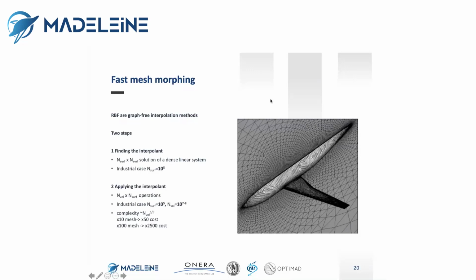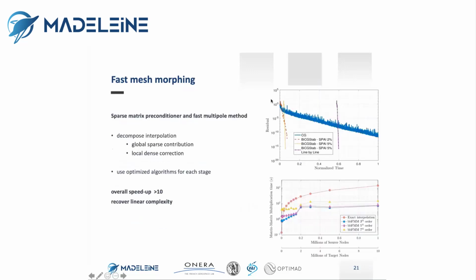And so to this scope, in this case, N2A developed a very promising algorithm that decomposes this global system into two parts. First, into a global sparse contribution, and then a local dense correction.